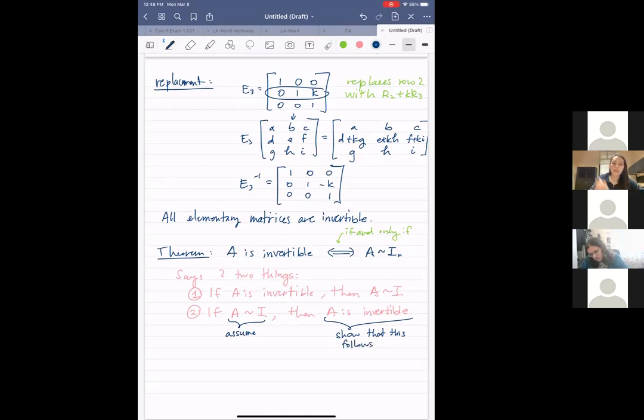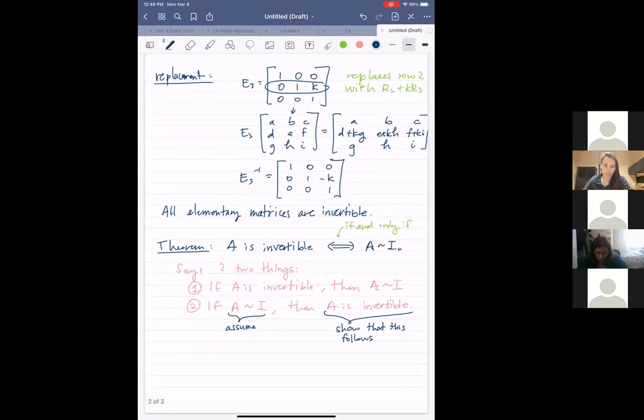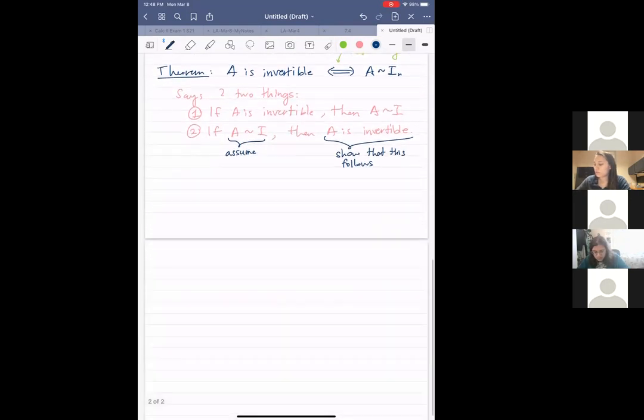So if we want to prove an if-then statement, we need to assume the if and show that the then must be true, is how we approach this type of thing. Okay, so we would need to prove both of these things.